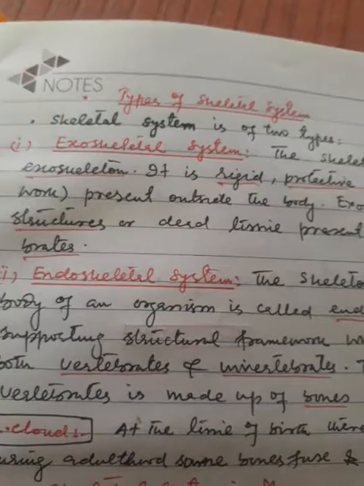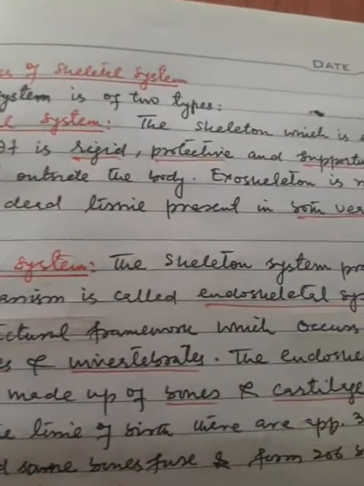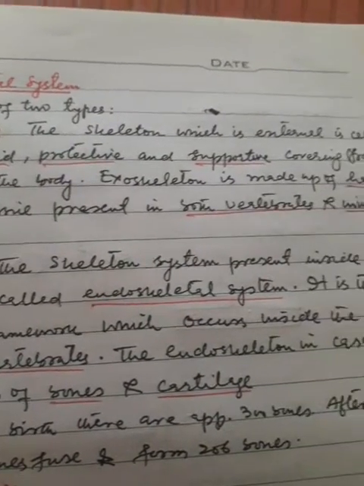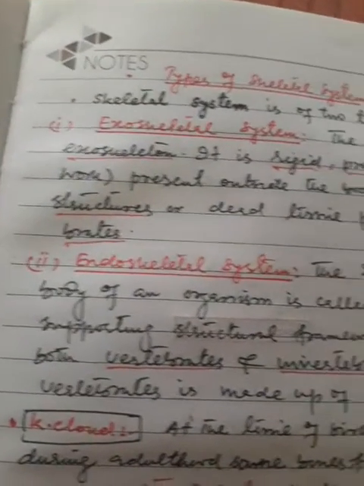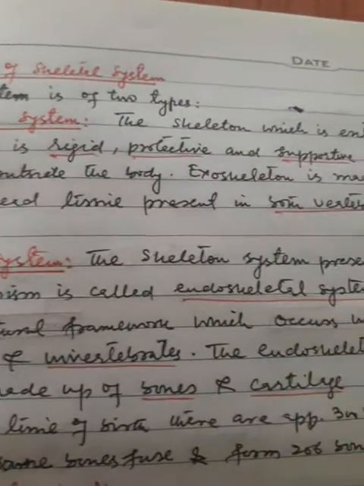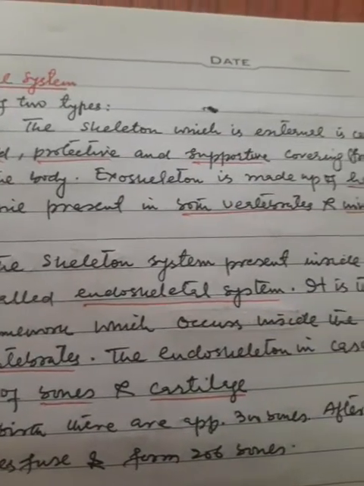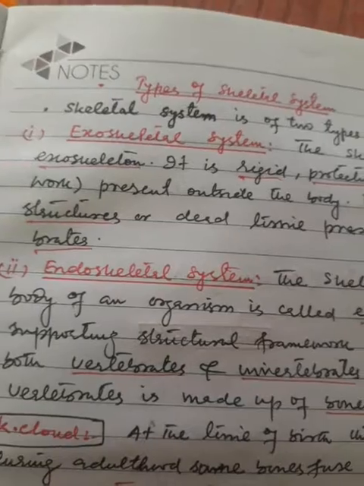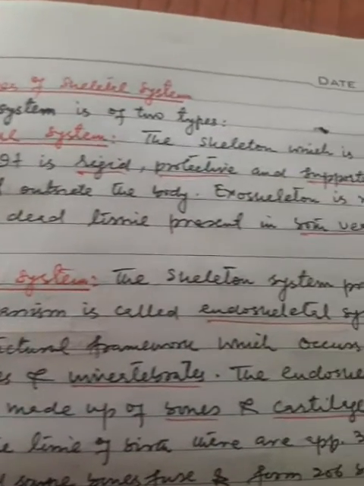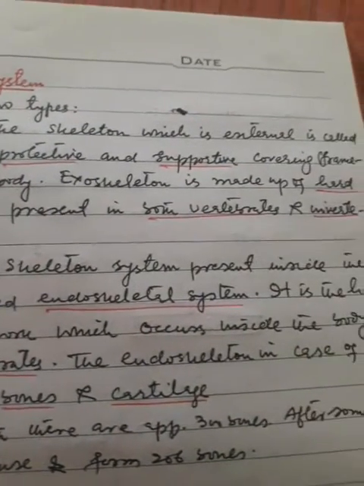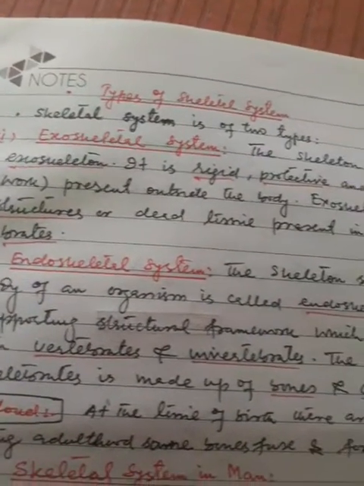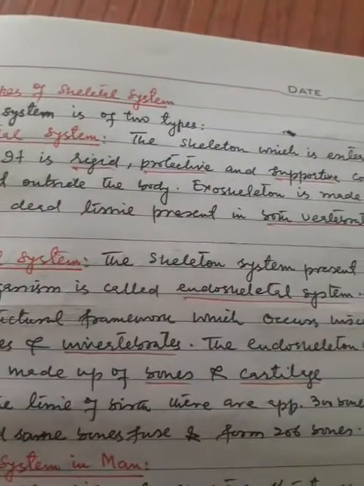Number 2, endoskeletal system. The skeleton system present inside the body of an organism is called endoskeletal system. It is the hard, supporting structural framework which occurs inside the body of both vertebrates and invertebrates.